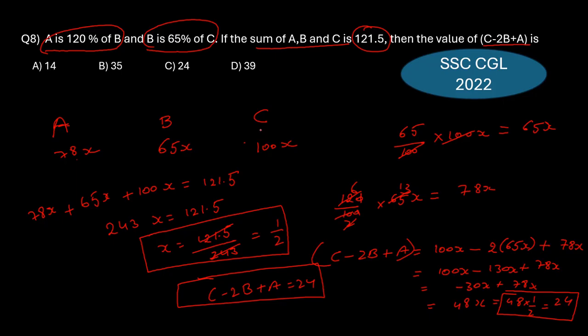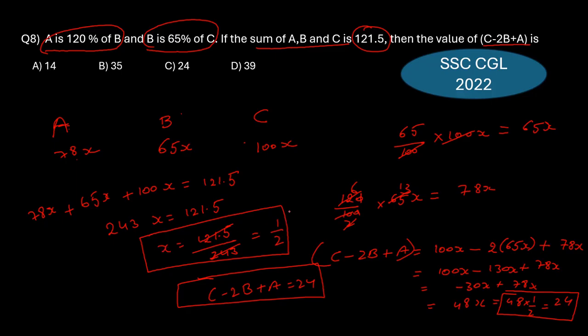As I have assumed C as 100x, B is 65% of C, which is 65x, and A is 120% of B, which is 78x. And I was given that the sum of these three numbers, A, B and C, equals 121.5. So adding these three numbers, I will get 243x equals 121.5. And after calculations, I will be getting x as 1 by 2.